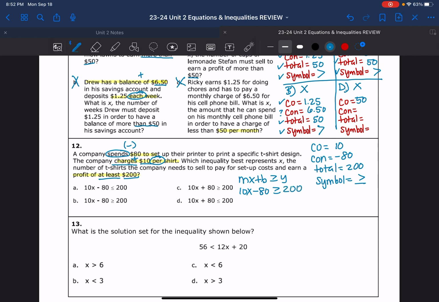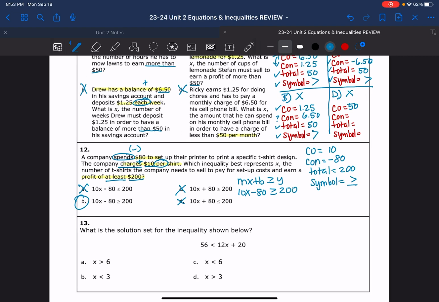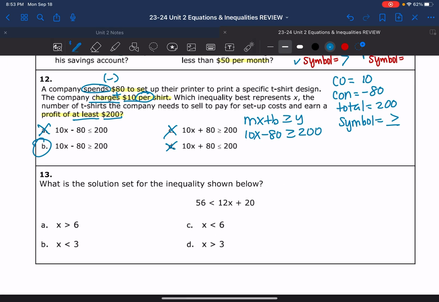So our answer, now I see that these two have plus 80. That can be it. Now let's look over here to A and B. We need this symbol here, and A has the symbol that's facing the other way. So I know that this cannot be my answer. It is B.